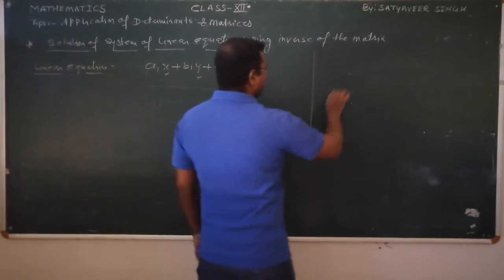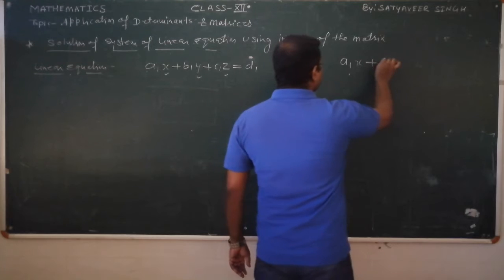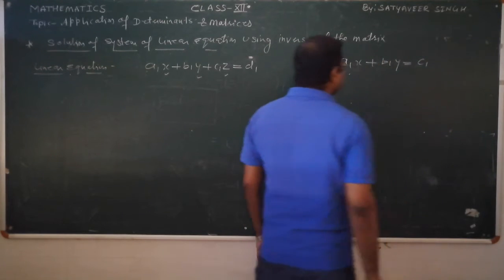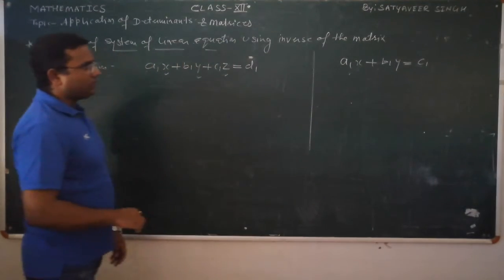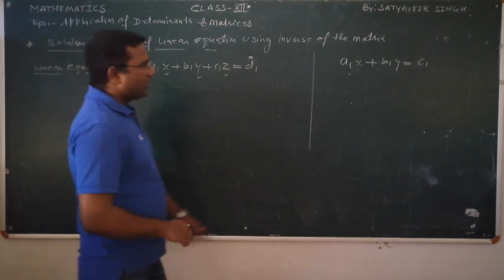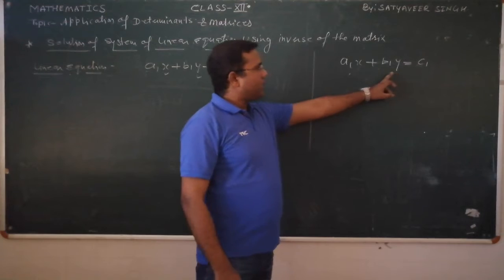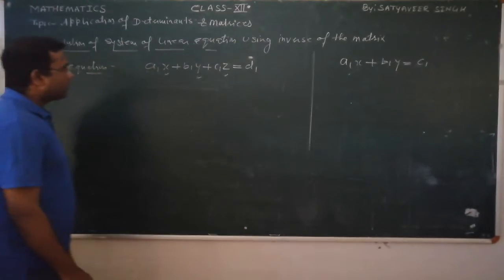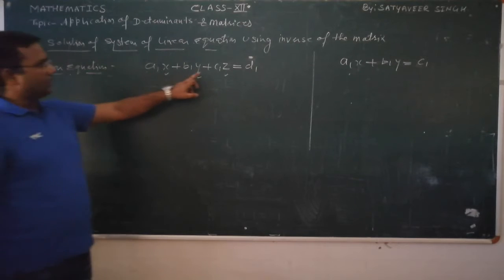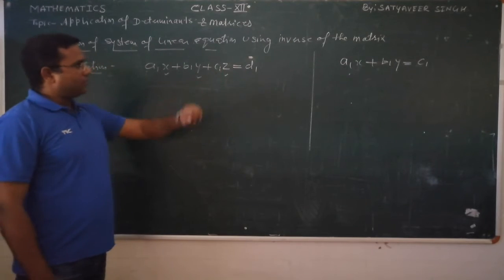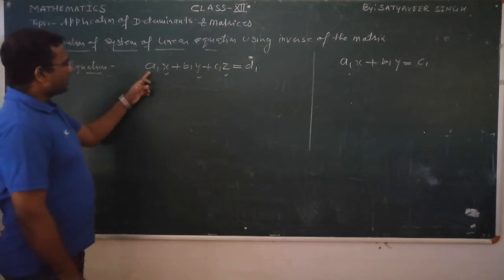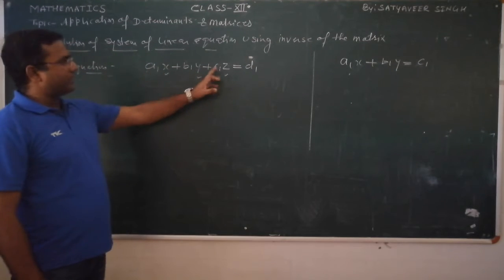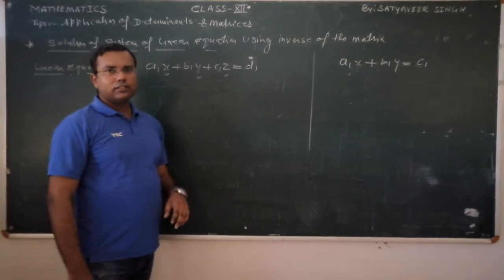Like if the equation is written a1x plus b1y is equal to c1, then it is a linear equation in 2 variables, where the variables are x and y. Here a1, b1 and c1 are constants. Similarly, a1, b1, c1 and d1 are constants. We can say a1, b1, c1 are the coefficients of x, y, z, and d1 is the constant.